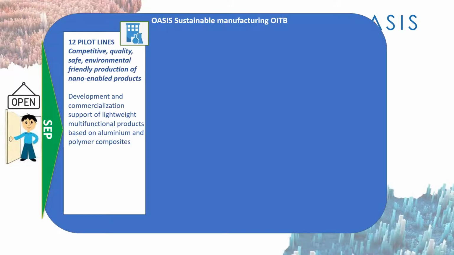So this client gets access to a network of facilities and services. The client will find an ecosystem of 12 pilot lines operating under a single sustainable manufacturing framework that aims at ensuring a competitive, quality, safe, and environmentally friendly production of nano-enabled products.